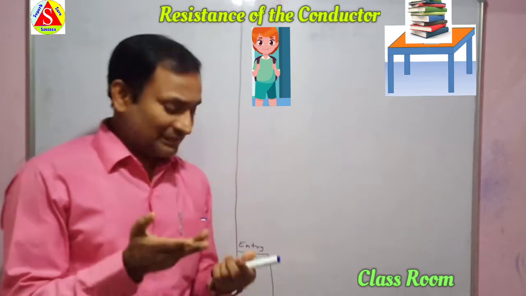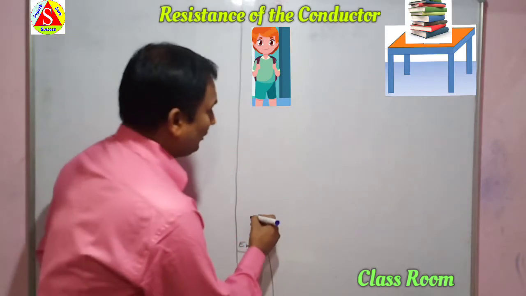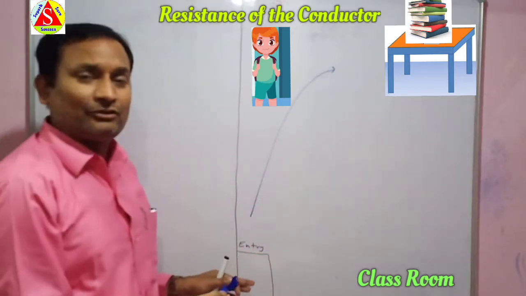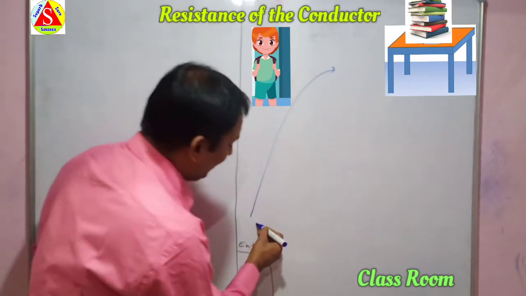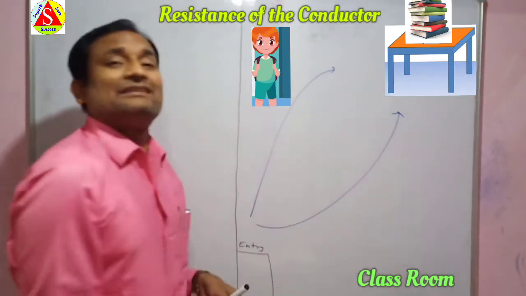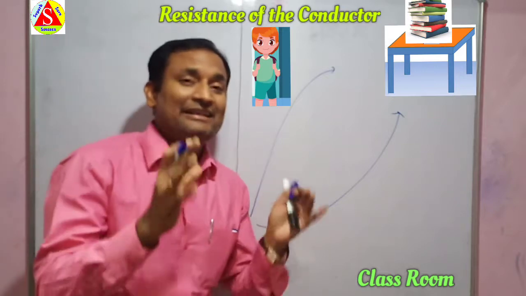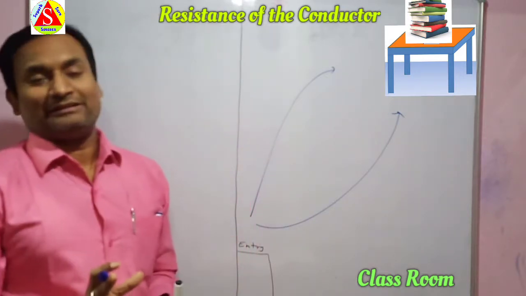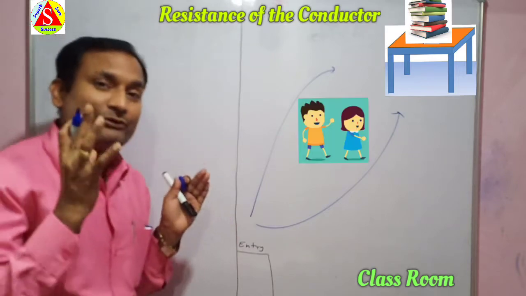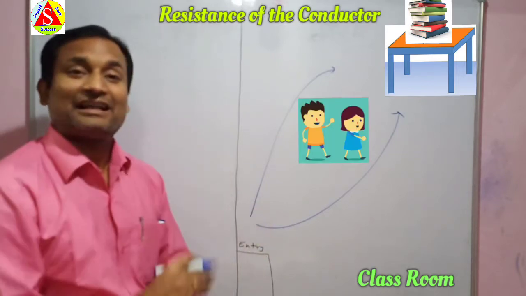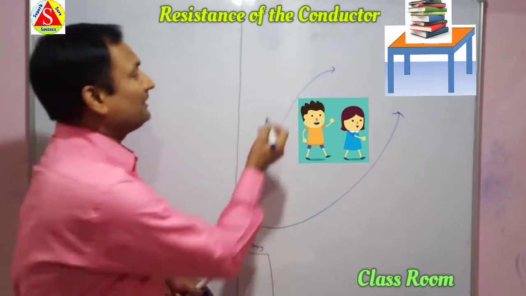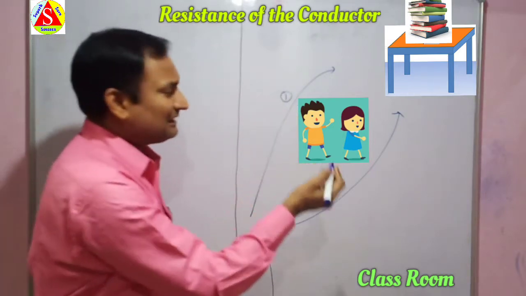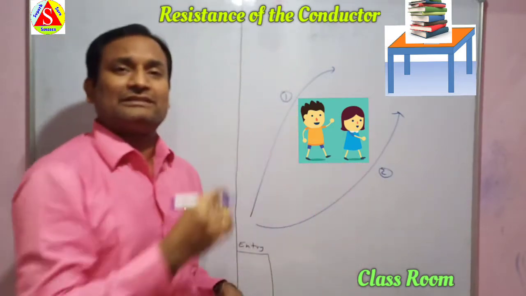Now dear students, he is free to follow any path. He can go from this path or he can follow another path. Any path he or she can take. Now suppose two students enter the classroom, one goes from here and the second student goes from this path.